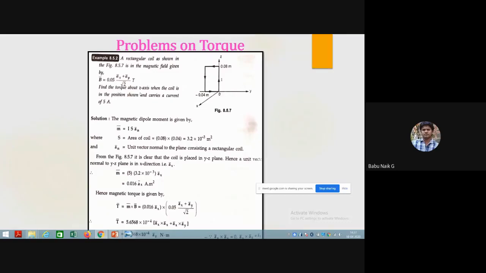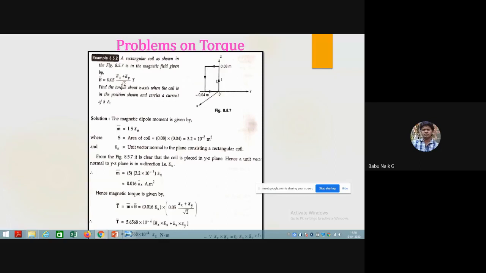Find the torque about the z axis when the coil is in the position shown and carries 5 amperes. This is in the XYZ coordinate system with the rectangular shape, and the torque is to be calculated on the z axis here.